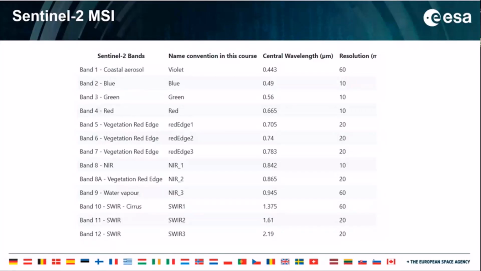So if you want to build an index that combines two bands with different spatial resolution, then you have to do some resampling. You resample either to 60 or to 10. There are also the vegetation red edge bands, like band number 5 at 705 nanometers, which has a 20-meter resolution. So there are three different resolutions of Sentinel depending on the bands you are using.